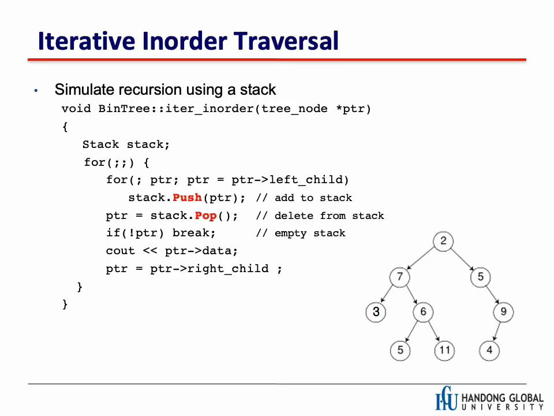In this slide, we implement in-order traversal iteratively. We already talked about the recursive solution for in-order traversal, which was really simple, but in this slide we will implement it iteratively. As in the recursive solution, we get one pointer, PTR, and then we declare one instance of a stack.